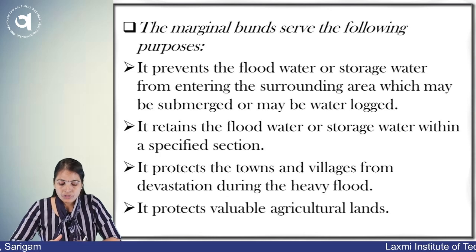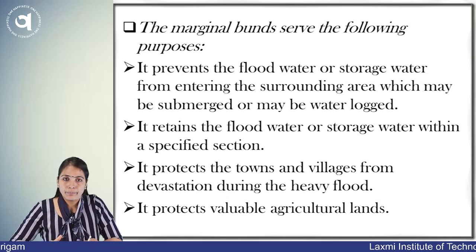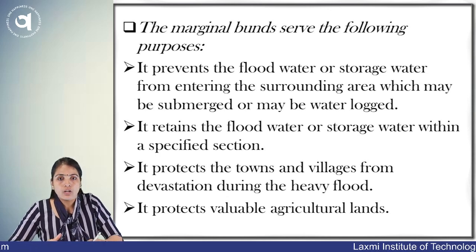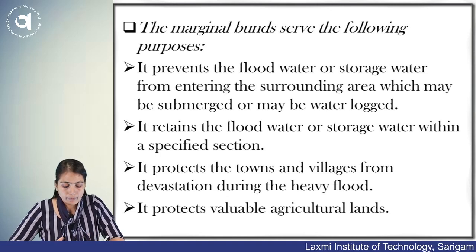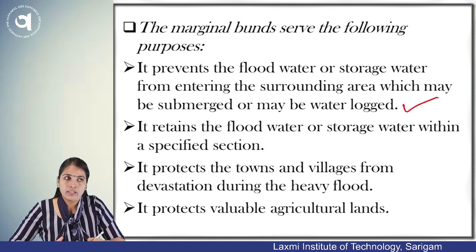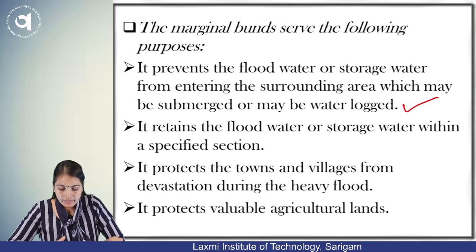Now what are marginal bunds? They serve the following purposes. What purpose is solved? It prevents the flood water or storage water from entering the surrounding area, which may be submerged or waterlogged. Okay. So whatever the cities provided near the river side, it prevents the flood water, storage water from entering the surrounding area. It keeps flood water or storage water within a specified section.